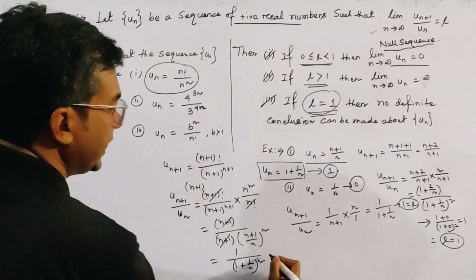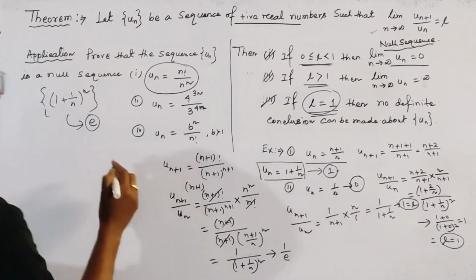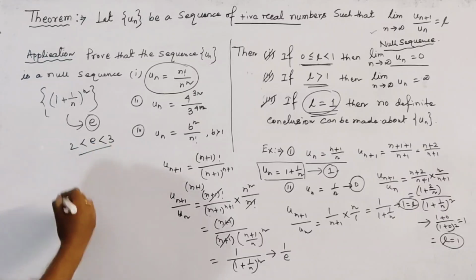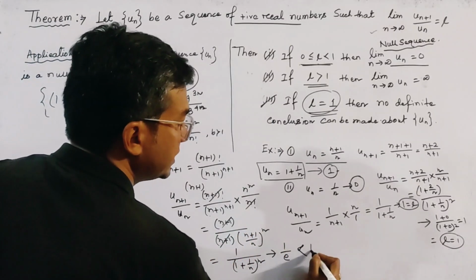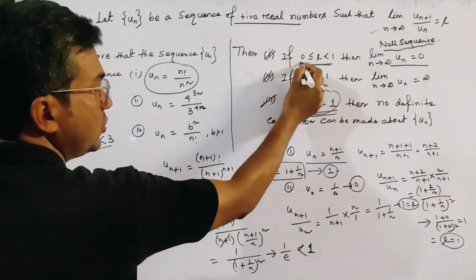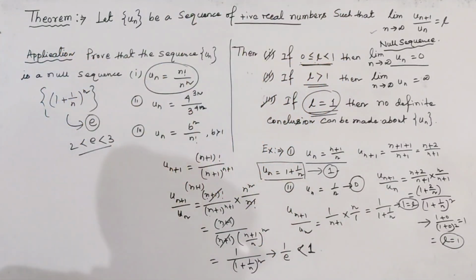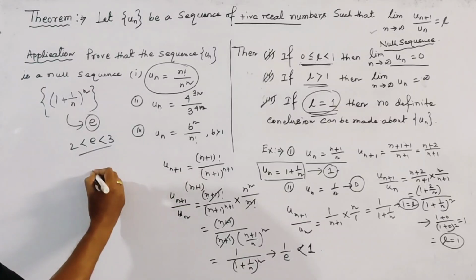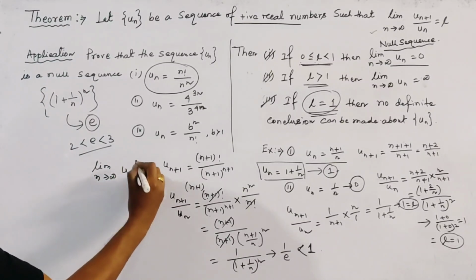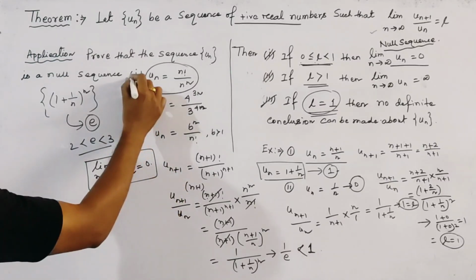So this tends to 1 by e, and since the value of e lies between 2 and 3, 1 by e must be less than 1. So we get the first case, 0 less than L less than 1, and by using this theorem of sequences we say that limit n tends to infinity un is equal to 0 for the first case.